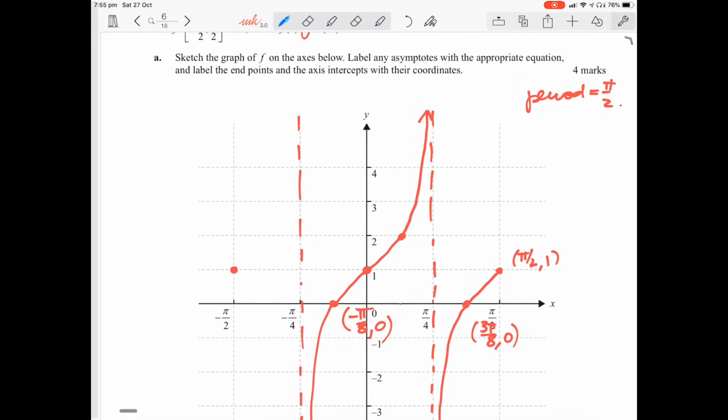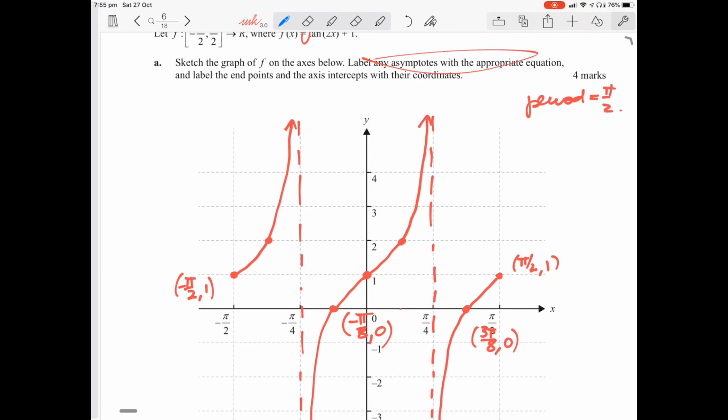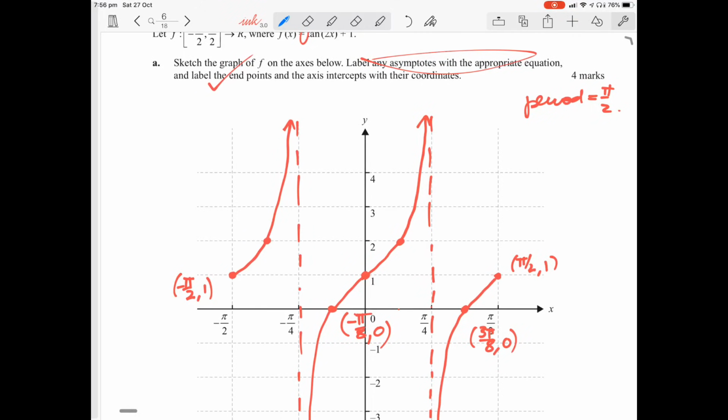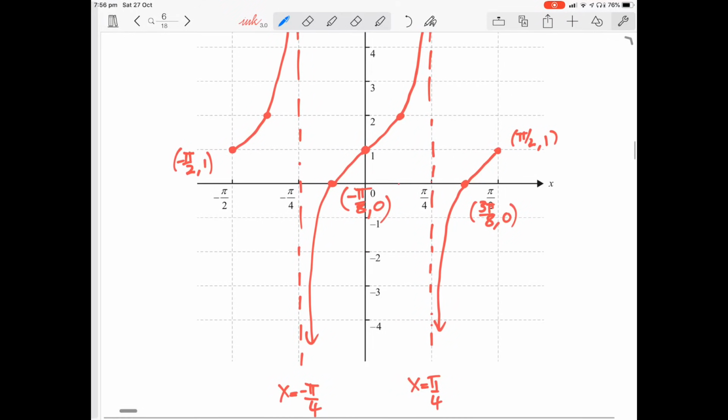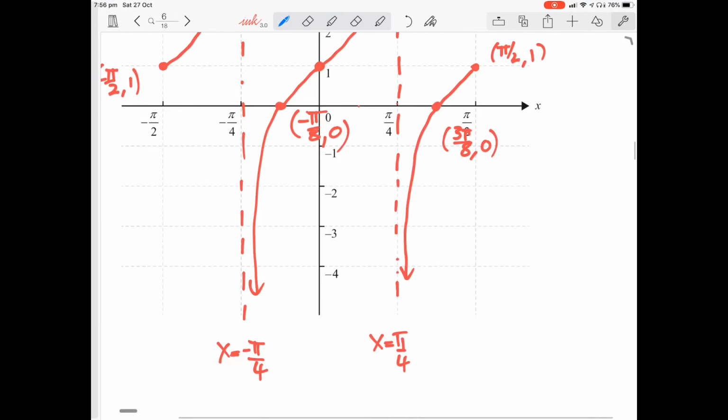That's going to be negative pi on 2, 1. Then it's going to get up. Okay, label any asymptotes, done. Label the endpoints, done. Label any axis-intercepts with their coordinates, done. Okay, looks good.